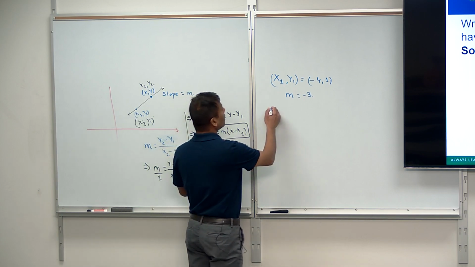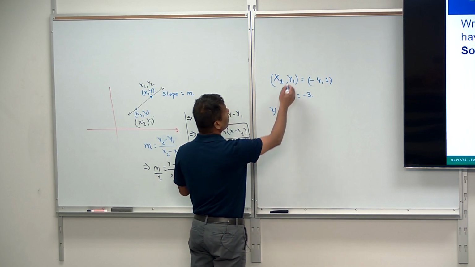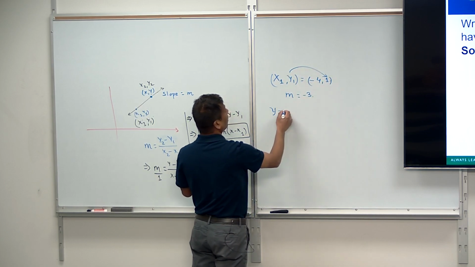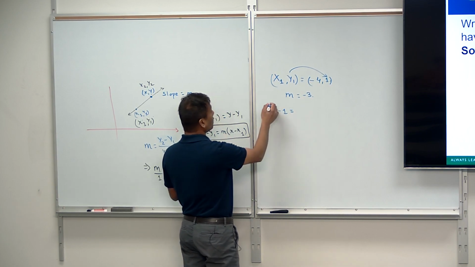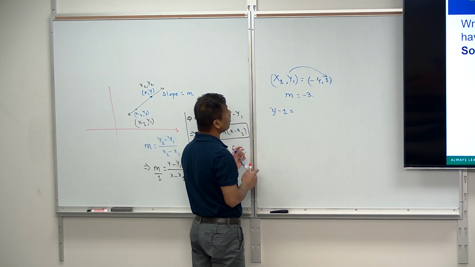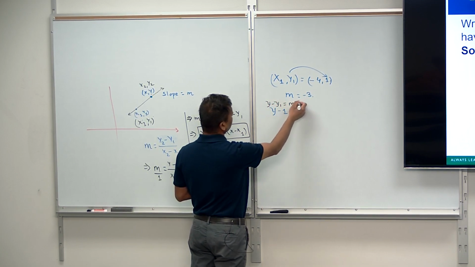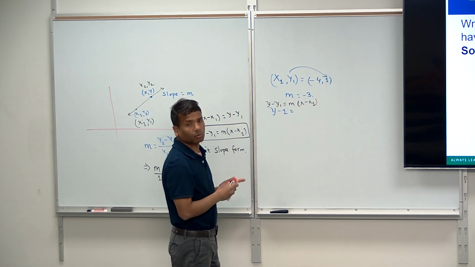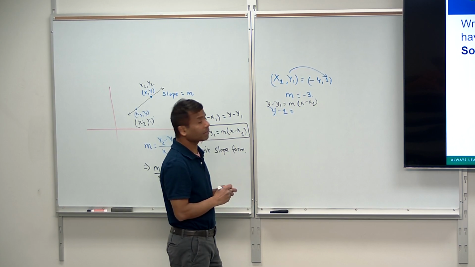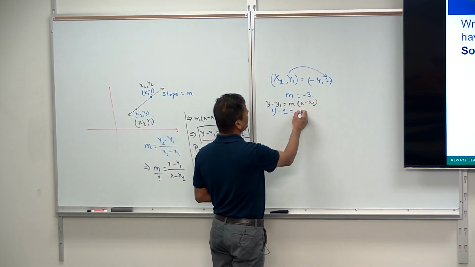So it's going to be y minus y1. What is the value of y1? 1. Equals m times, what is the value of m? Are you guys with me? I'm using this formula, okay? y minus y1 equal to m times x minus x1, point slope form. So this is y minus 1 equals, what is the value of m?